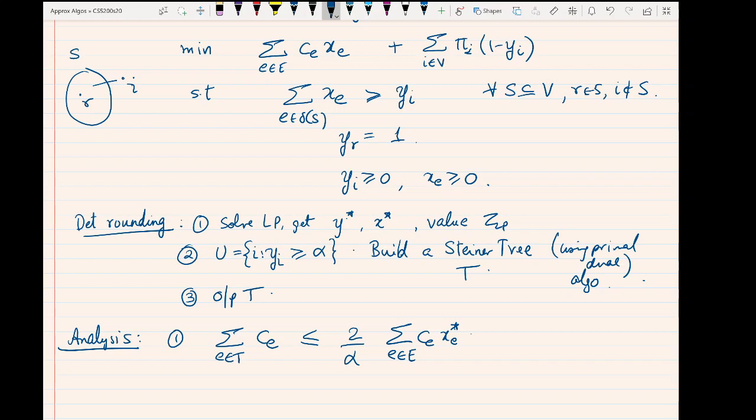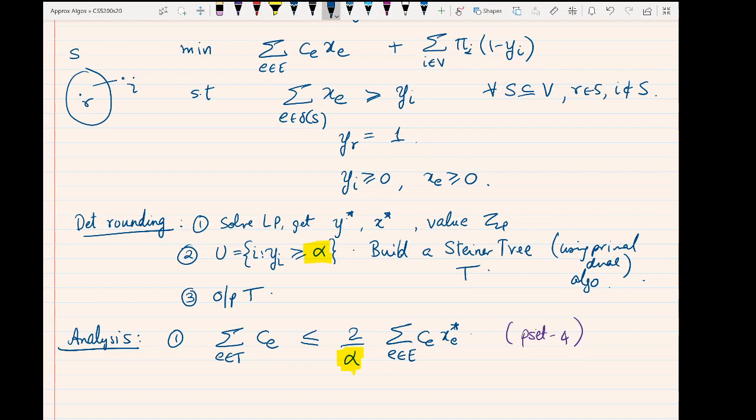Okay, so notice that the alpha that you use for thresholding the vertices turns up in this. And this was your homework or problem set 4. I think it was the very first question.